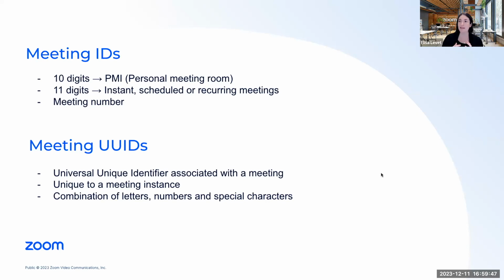To summarize, a meeting ID is the meeting number and a meeting UUID is an instance of a meeting. So you can have a meeting ID with multiple meeting UUIDs, but a single meeting UUID can only belong to one meeting. Let's move on and do some testing with our endpoints.